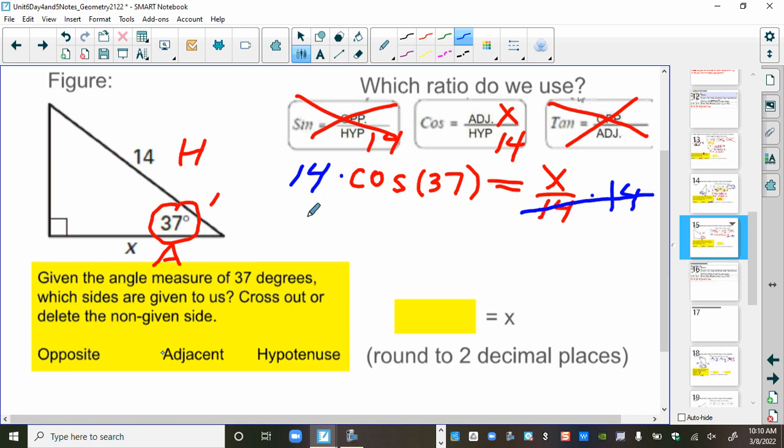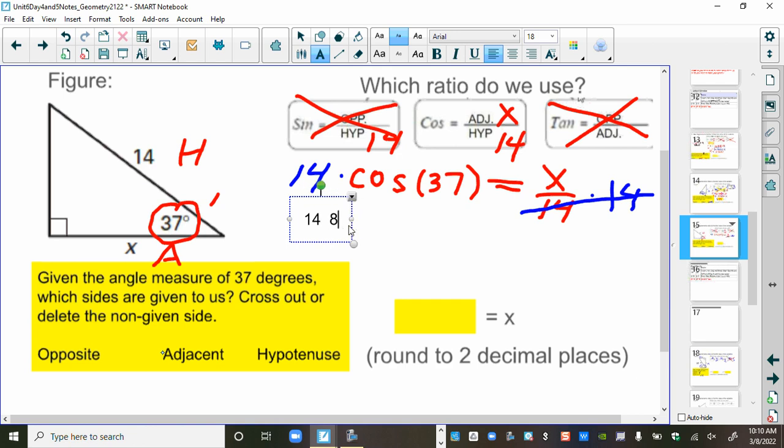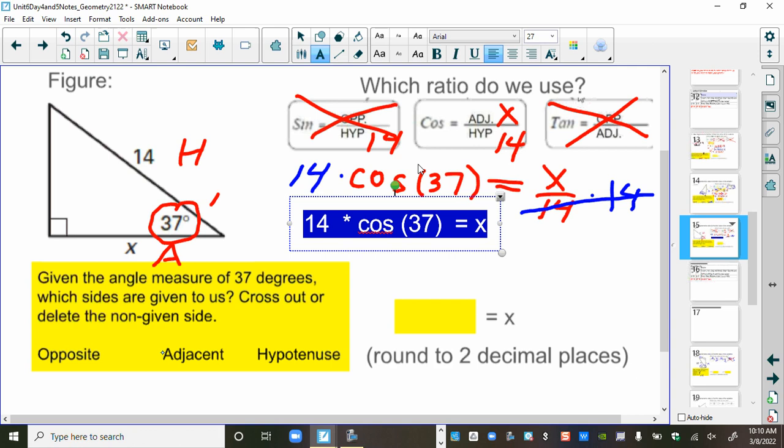We're left with, I'm going to type it. Left with 14 times cosine 37, which equals x. I'll make that a little bigger for everybody. So that's what we have going on right now.